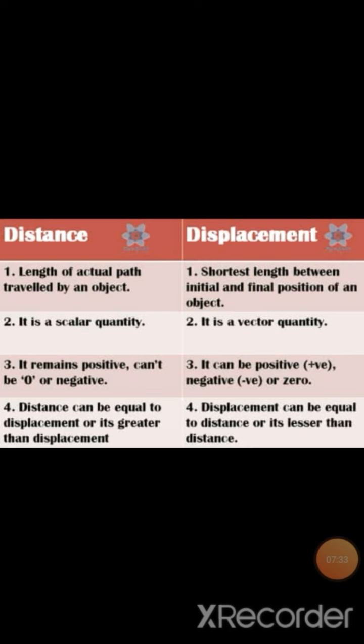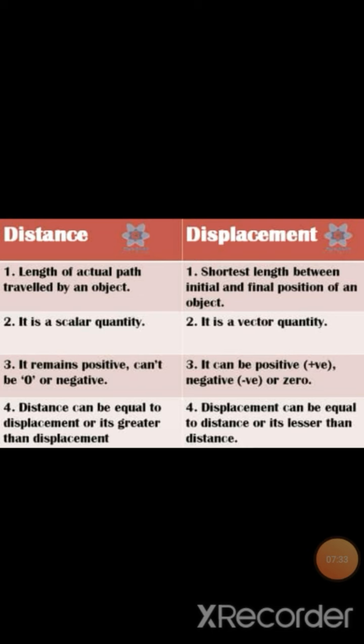Now, before we consider the other 2 points of difference between distance and displacement, let us see an example. A person walks 2 kilometers from his house to go to a medical shop. He takes his medicines and returns back. What will be the distance covered and what will be his displacement?